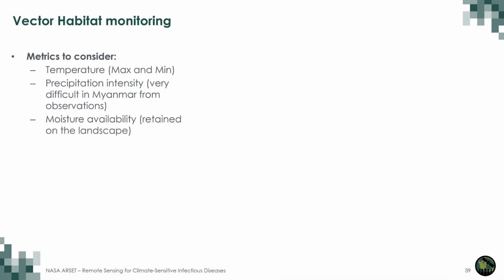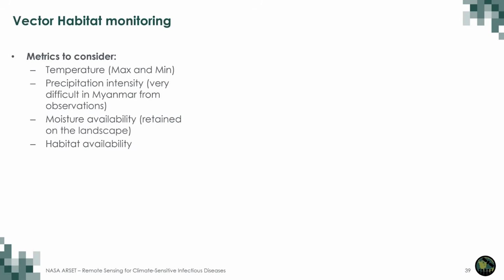And it's primarily because precipitation, just the amount of water that fell, or even precipitation intensity, is only one component of what happens with the moisture on the landscape. The second component is, can your landscape retain this moisture, or is it all going to run off and none of it is going to stay? So moisture availability that is retained on the landscape ultimately for us was a much more important metric than the total amount of precipitation that fell.